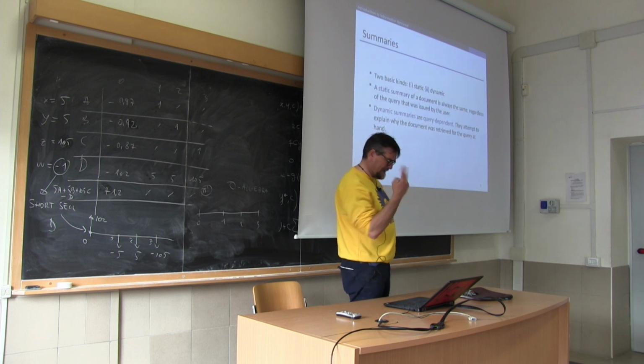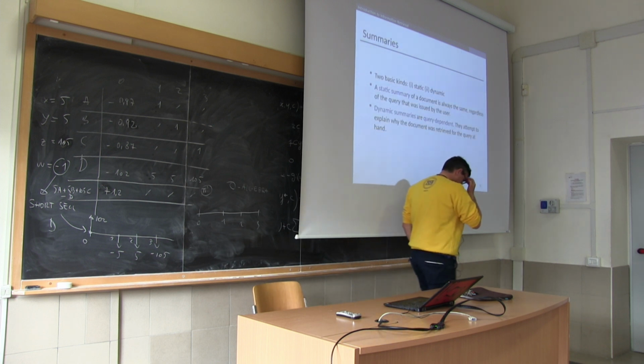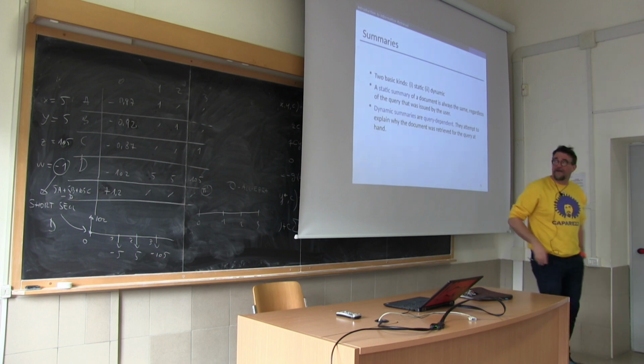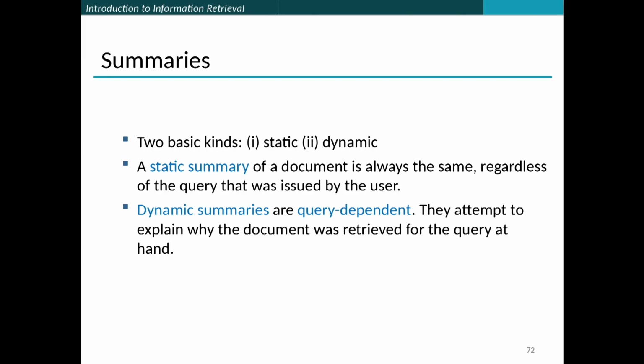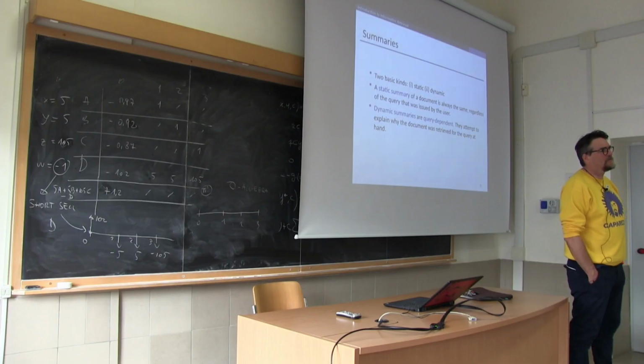You have basically two kinds of possible summaries, the static one and the dynamic one. The static one is always the same, so it does not depend on the query provided by the user. The summary for that document is always the same, irrespectively of the query.